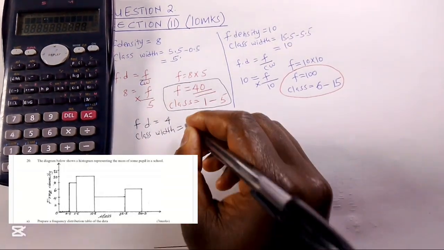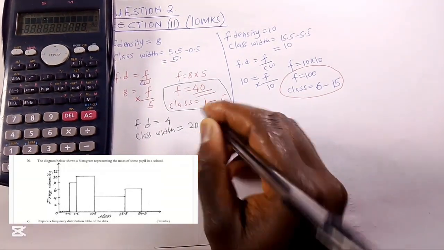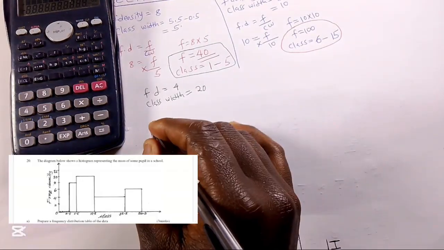So the class width is equal to 20, and we will now proceed to find the frequency.